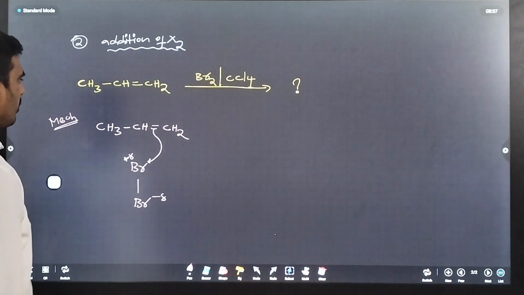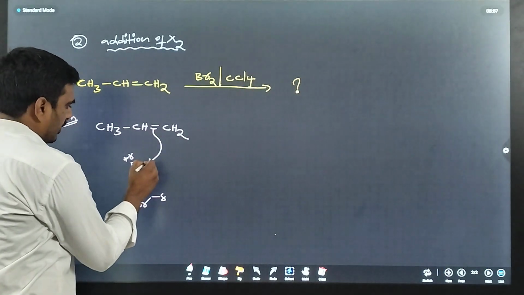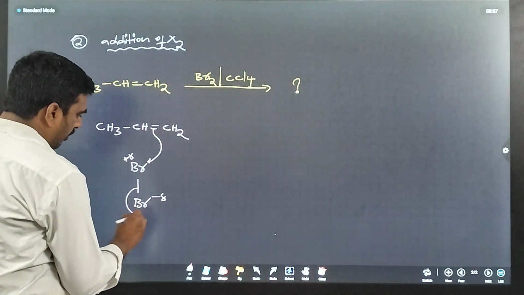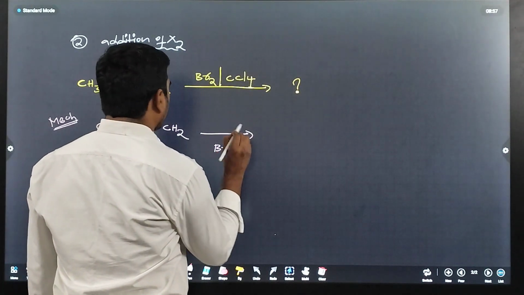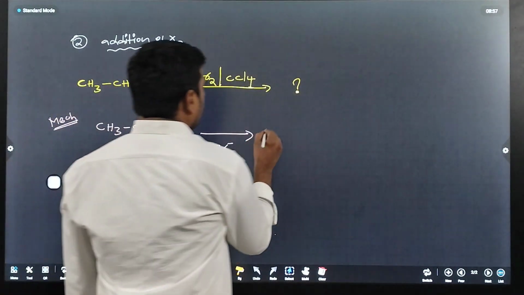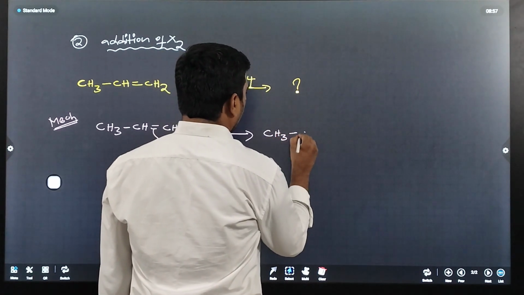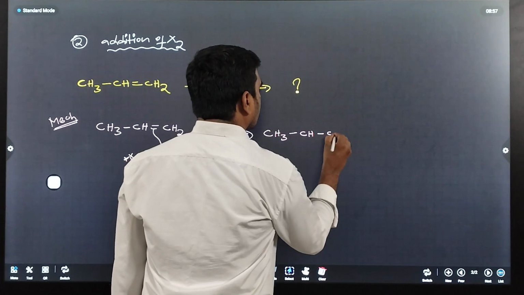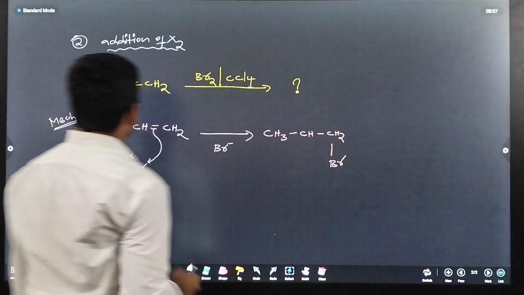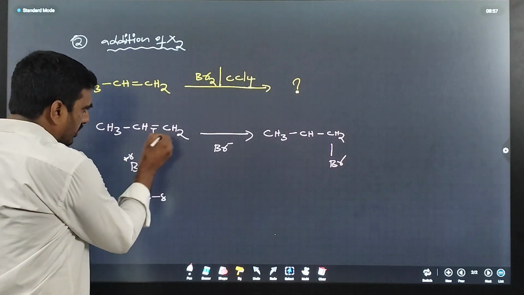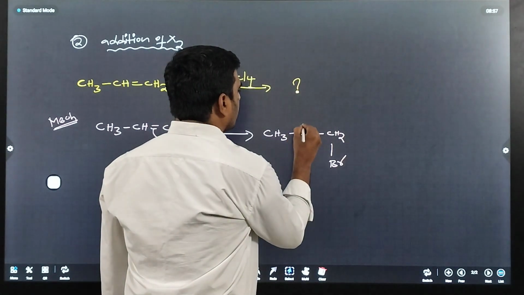Whenever the electrons are displaced towards this bromine, Br minus leaves. So we get Br minus, and CH3, CH, CH2Br, with the electron displacement towards this carbon, so this carbon gets a positive charge.